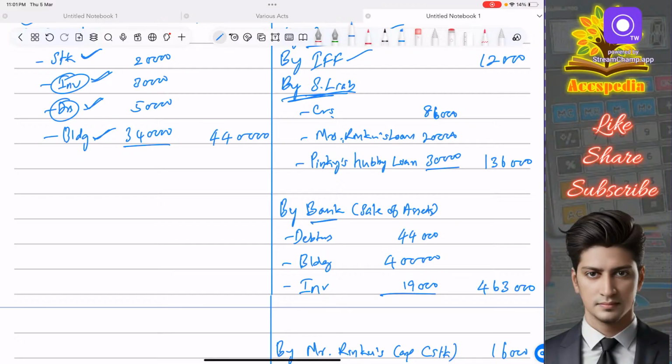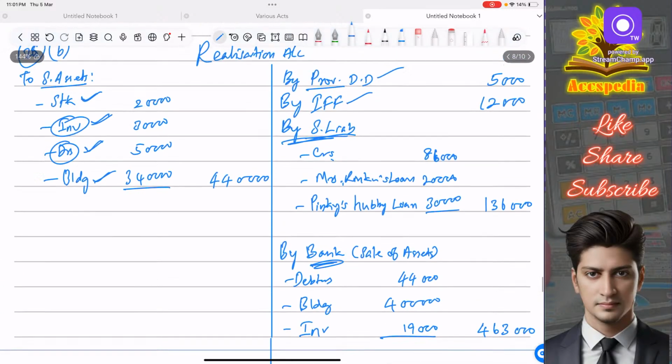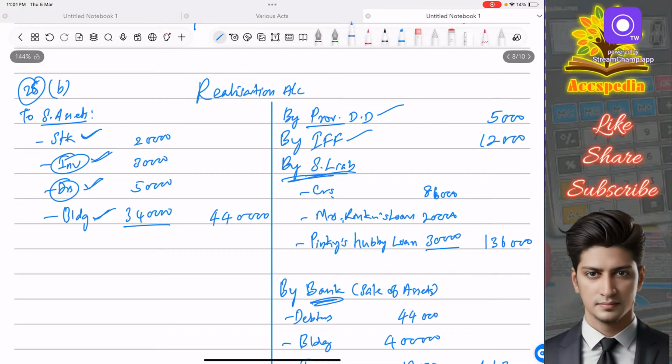So under the bank we have to write that asset with the full value debited, and credit it as assumed sold. If there is no information regarding an intangible asset, it has to be assumed that it is not realized. So you just have to ignore that. On the debit side you will transfer, but we cannot realize anything like that. Then regarding third party liability, if there is information, go according to the information. If there is no information, then it has to be assumed that it is paid in full.